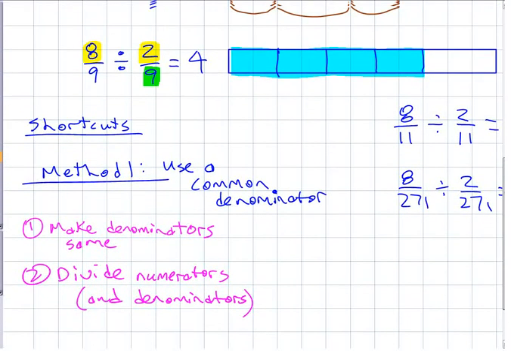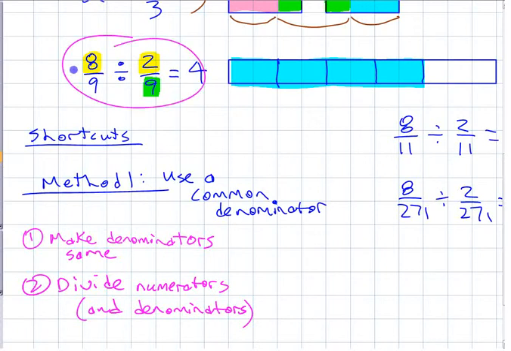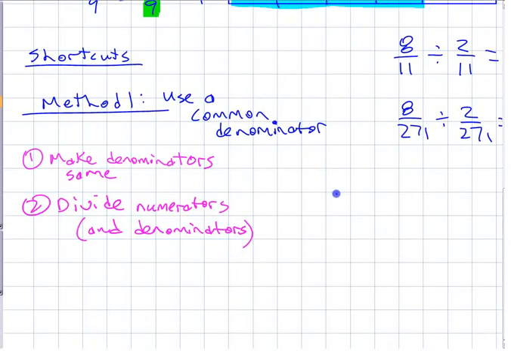Our example was 8/9. This already had the same denominator. What if we had something that was different denominators? What about if we had 9/10 divided by 2/5.